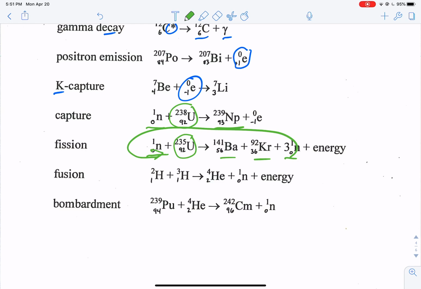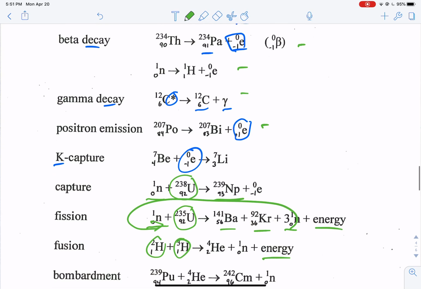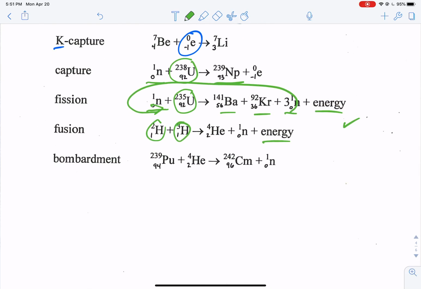And more about fusion in Chapter 30, where we can take small nuclei, fuse them together to get bigger nuclei. In both cases, you get huge amounts of energy, but to be truthful or to be fair, all of these produce a little bit of energy, but this is how we would produce energy for commercial purposes.